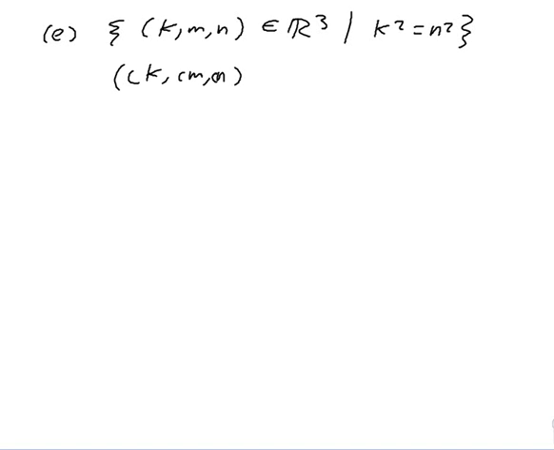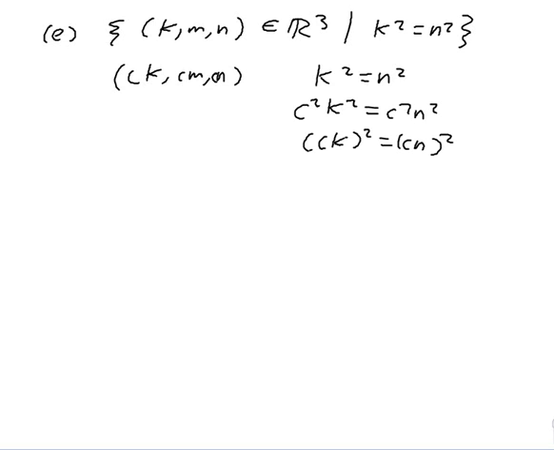And I think it does, because if k squared is equal to n squared, then c squared k squared is c squared n squared, so ck squared is cn squared, so the formula works for my new point. So it actually is closed under scalar multiplication. Alright, so it must be the vector addition that's the issue, unless of course it actually is a subspace, but as I said, that's a quadratic equation and I don't think it is a subspace.